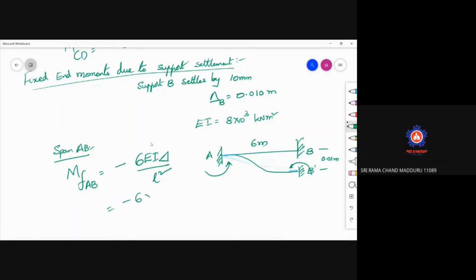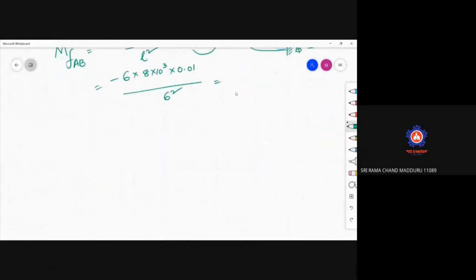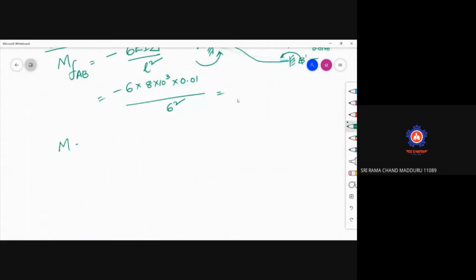So minus 6 into 8 into 10 cube into 0.01 by 6 square, which will give you the fixed end moment. Similarly, calculate MFBA also, which is also minus 6EI delta by L square.